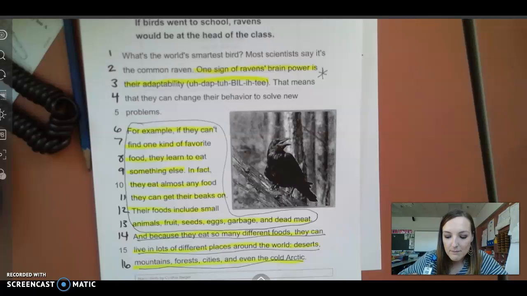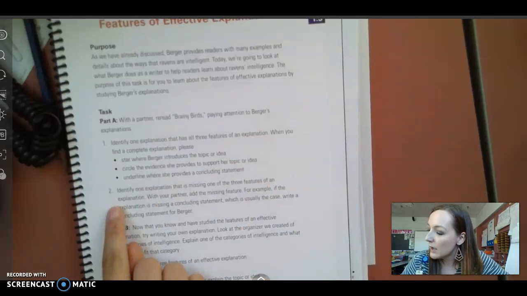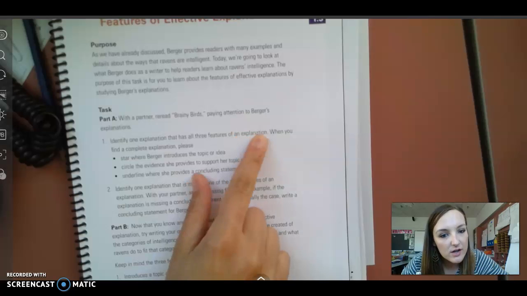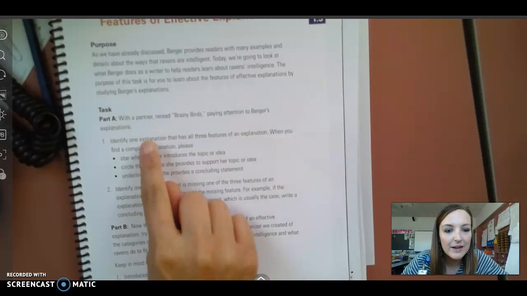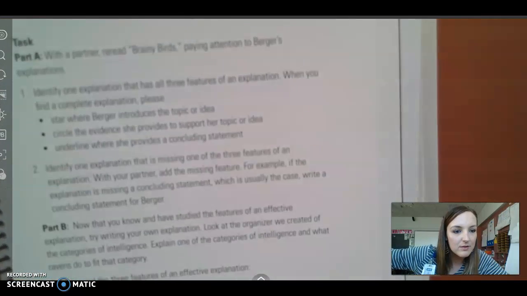That's kind of what I think of when I think of a concluding statement. So you are going to be doing that on another section of this story. So if I look at the directions here, it says identify one explanation that has all 3 features of an explanation. When you find a complete explanation, please, let me zoom in a little bit so you can see that better.